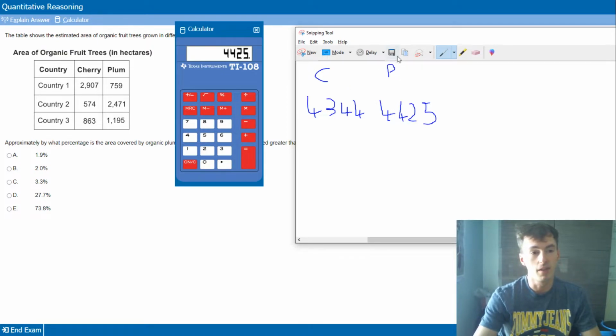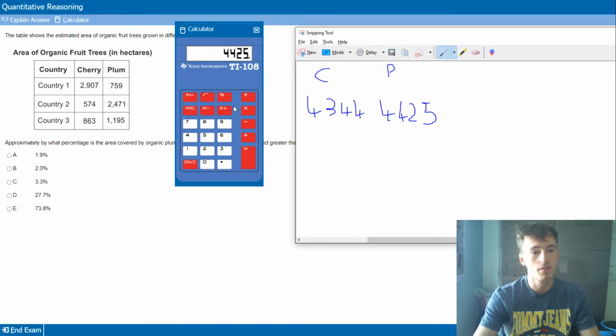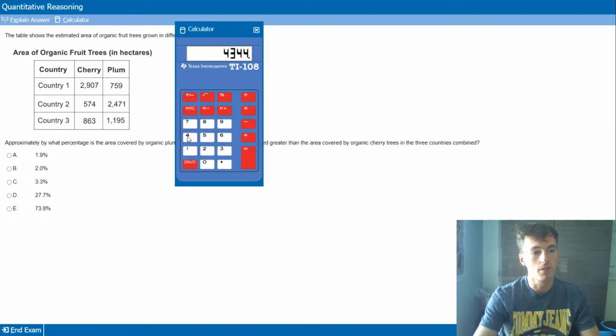Now the key with any percentage questions is to find the difference between the totals first. To do that, we do 4,425 minus 4,344. That's 81.